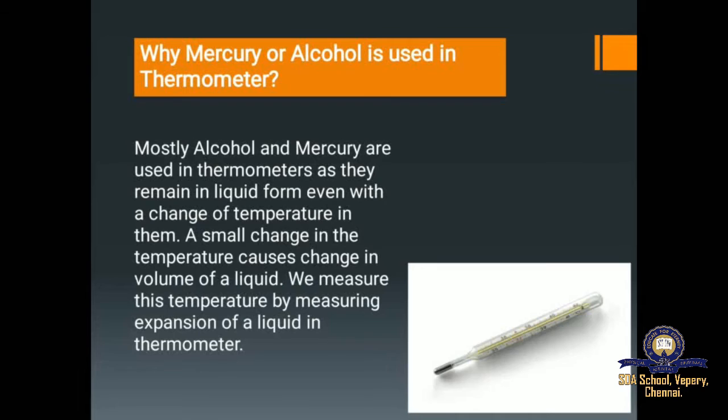So why is mercury or alcohol used in a thermometer? Mostly alcohol and mercury are used in thermometers as they remain in liquid form even when there is a change of temperature in them. We already saw mercury is the only metal which remains liquid at room temperature, right?